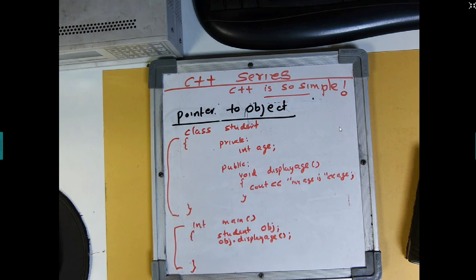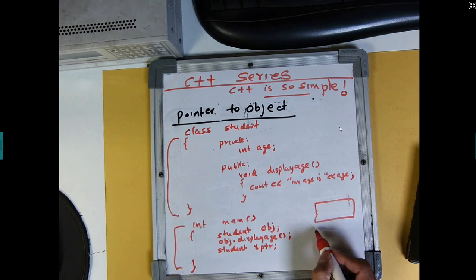Now if I want to also call the same display age through a pointer to object, that is another concept. How do we do that? I create a pointer to object. That means I call it star ptr. That means ptr is pointing somewhere.